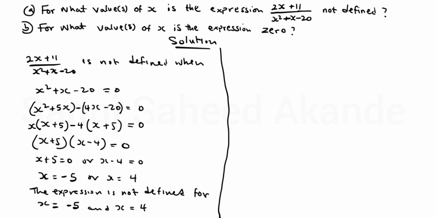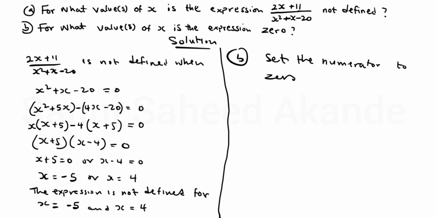But take note, provided that the denominator is not also 0 at that point. So what we are going to do now to solve b is set the numerator to 0.